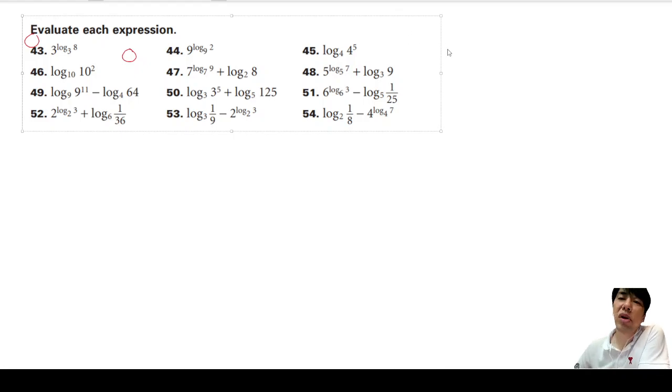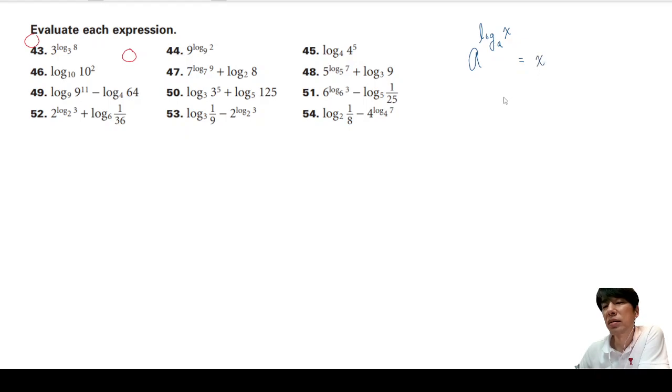one of the log properties that looks a little bit awkward or strange is something like a to the power of log base a of x. In that case, if this base and the log base appear as an exponent here with the same base a, then this simply comes down to just x.